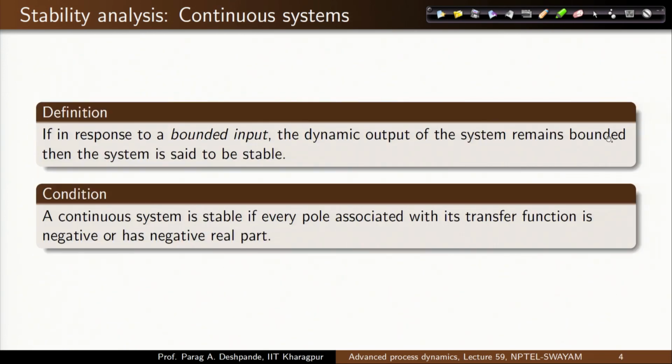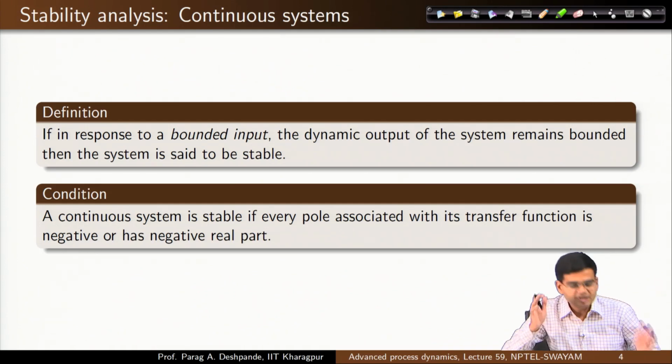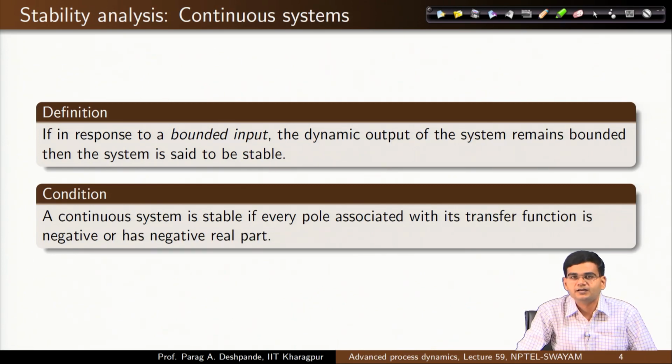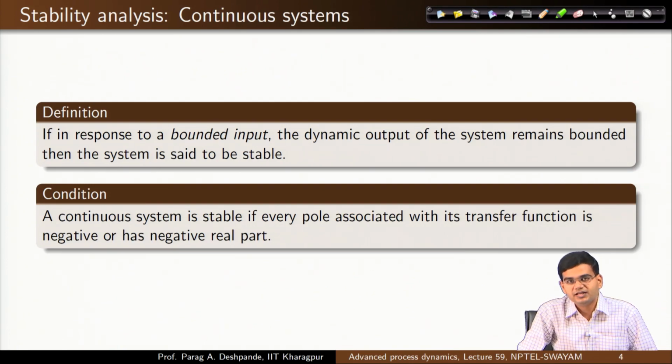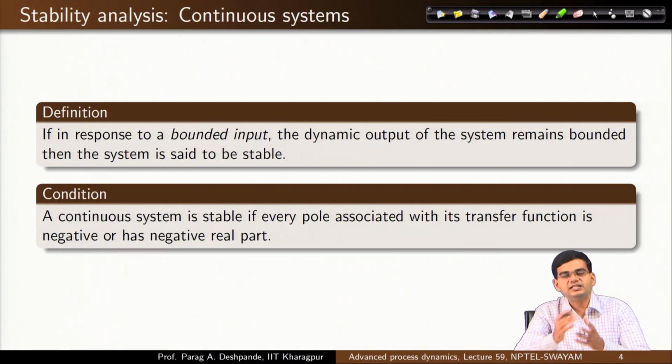The condition for stability is that a continuous system is stable if every pole associated with its transfer function is negative or has a negative real part. So, this means that I can simply look at the transfer function and say that this system is going to be stable, or this system is going to be unstable. The way I used to look at the eigenvalues in the state space domain analysis, the moment I saw that the eigenvalues are positive, I used to say that the system is going to be unstable.